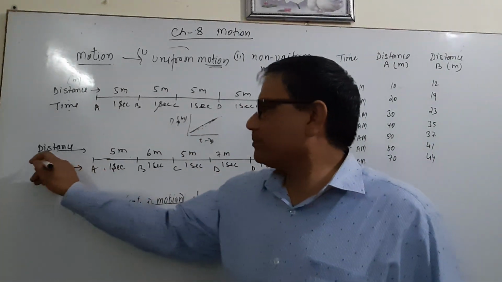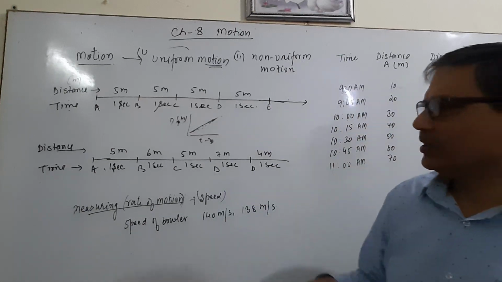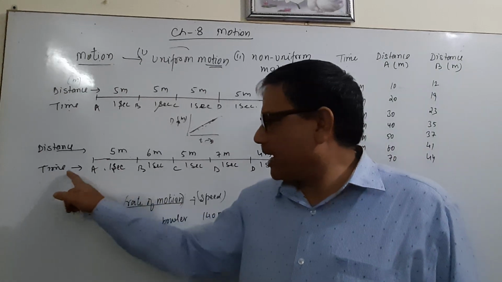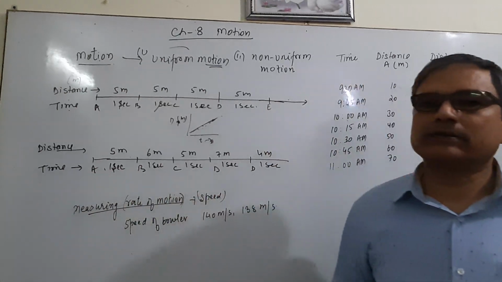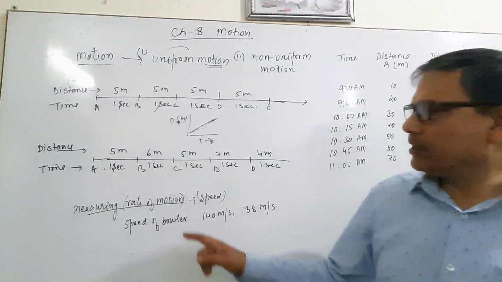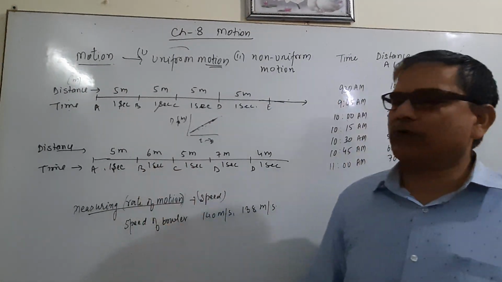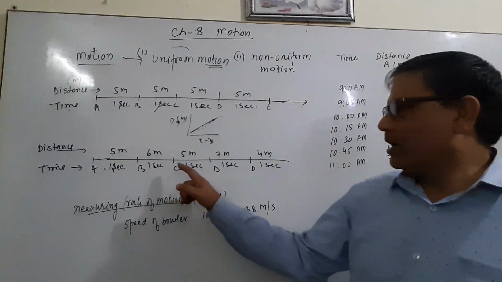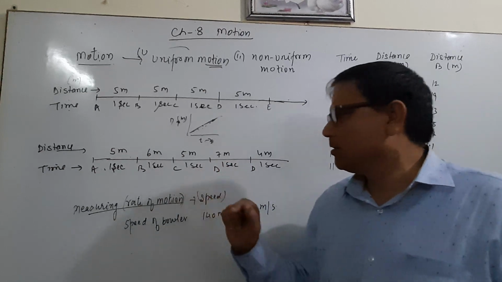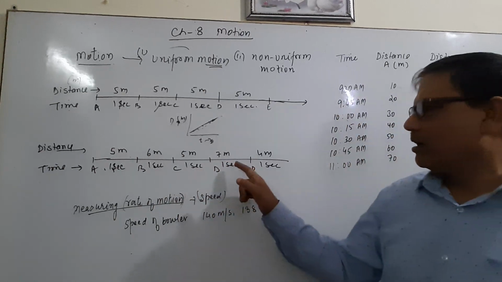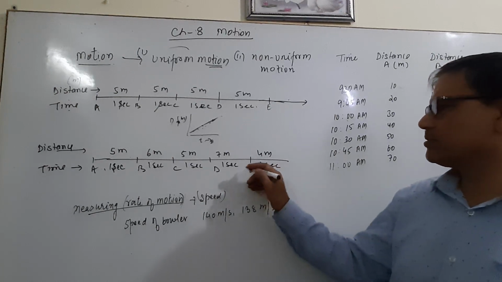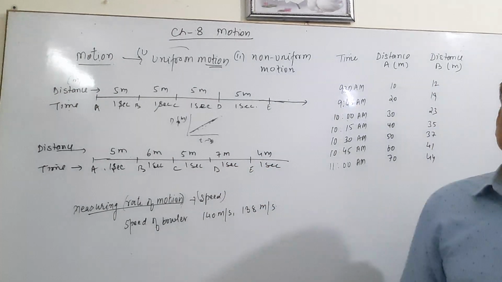But in the second case, from A to B the distance is 5 meters and the time taken is 1 second, from B to C the distance is 6 meters and the time taken is 1 second, from C to D the distance is 5 meters in 1 second, and from D to E the distance is 7 meters in 1 second.